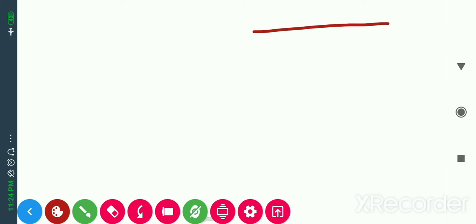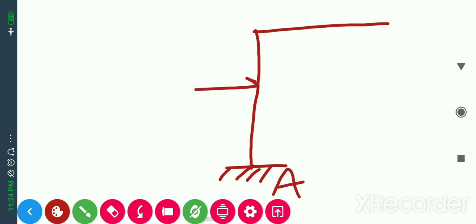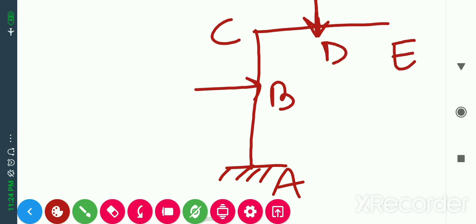If we are given a frame structure like this, suppose at this point a load is acting over here, this point is B, this is C, another load is acting over here, point D, and this is the free end, point E. So this is a frame structure.